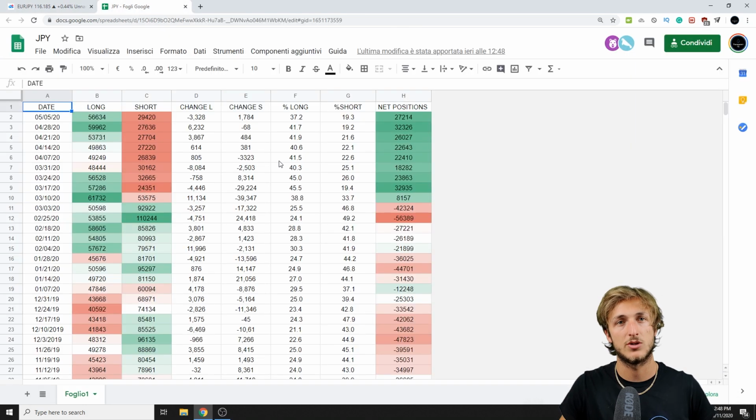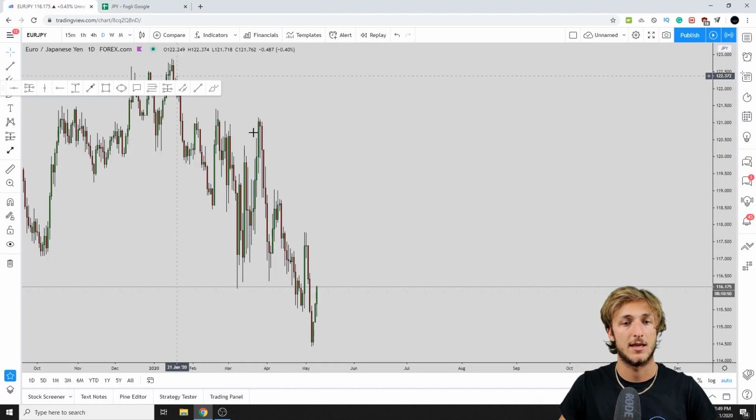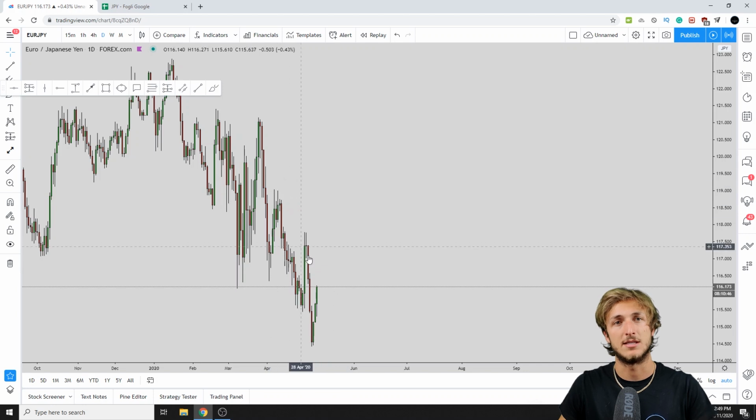So basically the COT data, what hedge funds are doing at the moment in the market. By using a combination of technical analysis and order flow, you are able to be riding very nice trends like the downside trend that has been developing here on EUR/JPY.